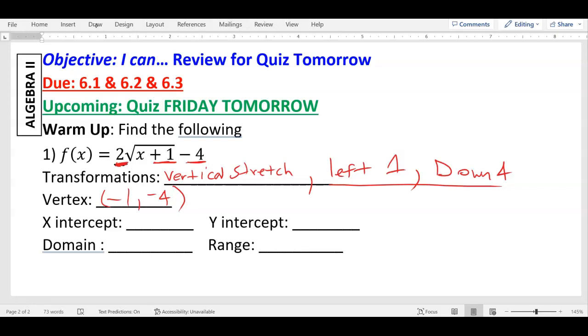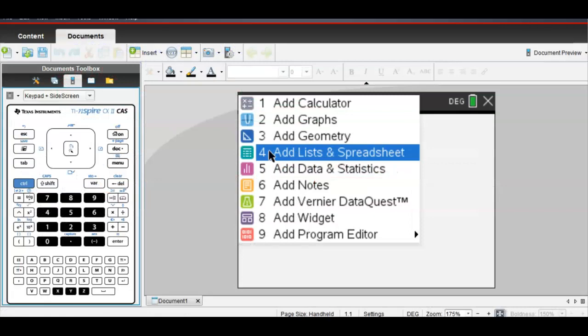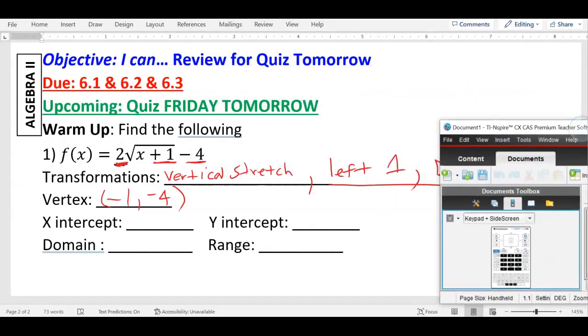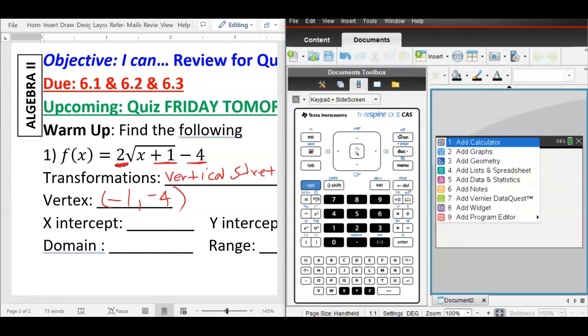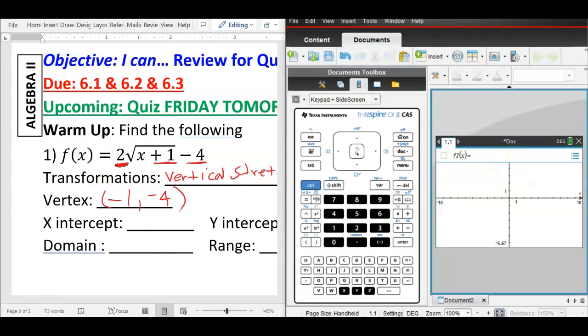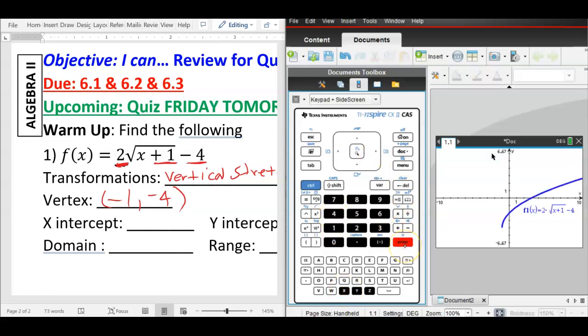Now, the x-intercept and the y-intercept, this will take some calculator. I go to a new document, I go to graph, and I type in square root of x plus 1, go to the right, -4. Enter. Now I see it, and you could tell where the x and y-intercept are, potentially.